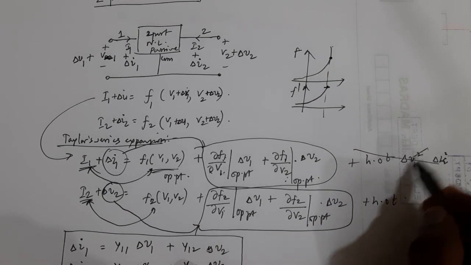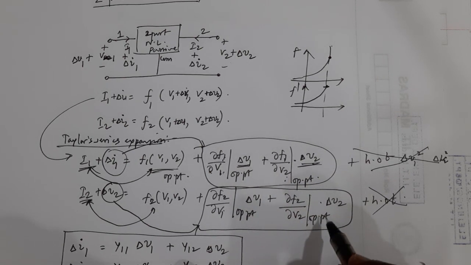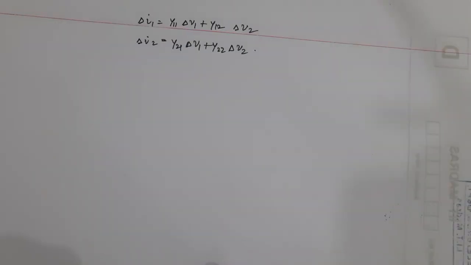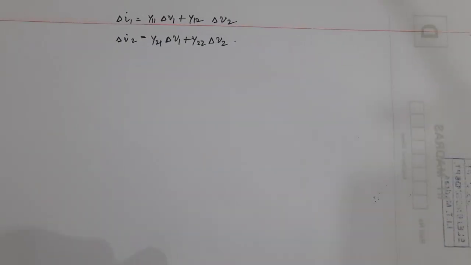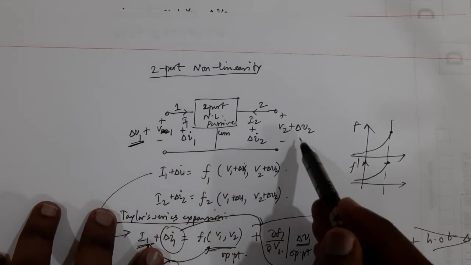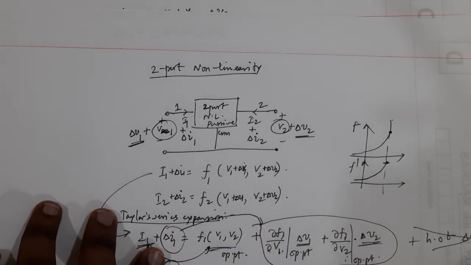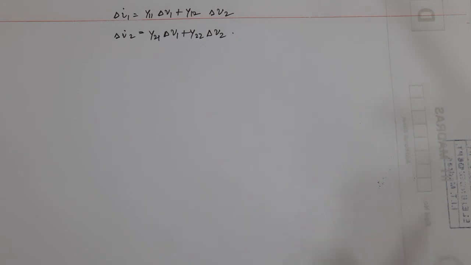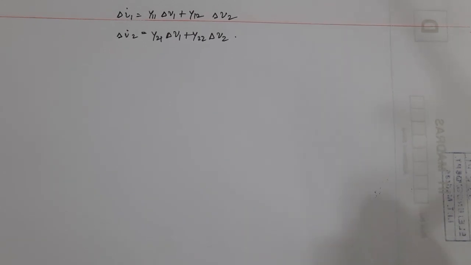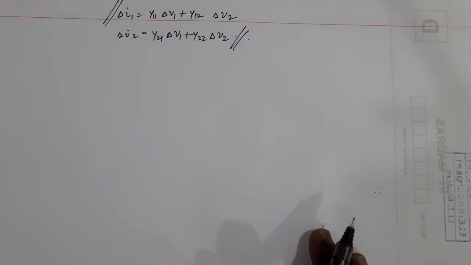But we neglected the higher order terms, assuming delta V1 and delta V2 are very small. So here also, if the increments delta V1 and delta V2 are very small compared to V1 and V2, then we can say that a two-port non-linear device can be linearized to a two-port linear network, and this is the expression of the two-port linear network. Okay, we derived it right from the fundamentals.